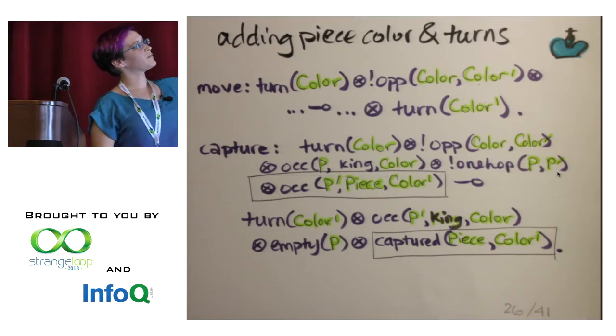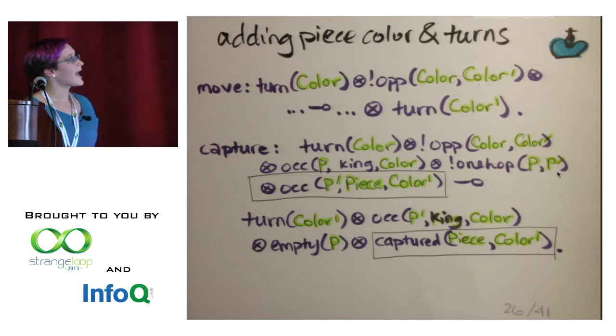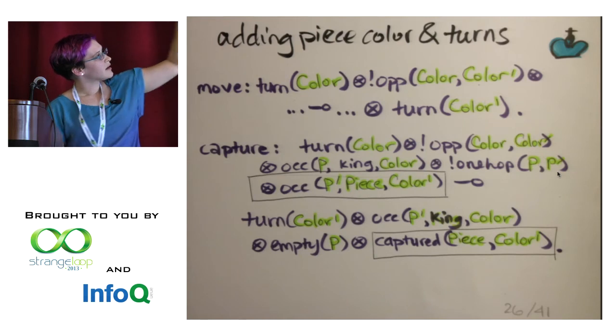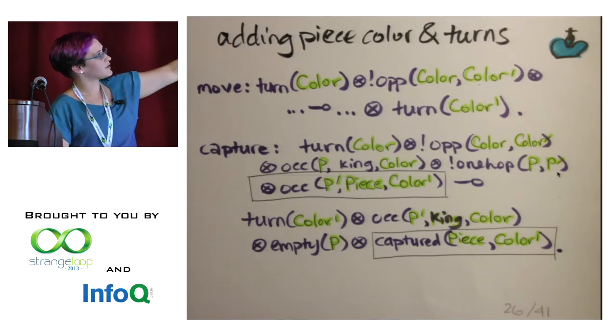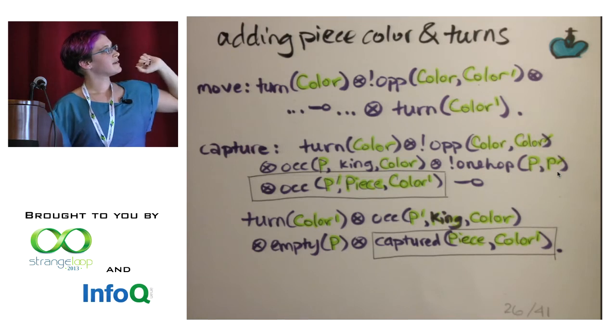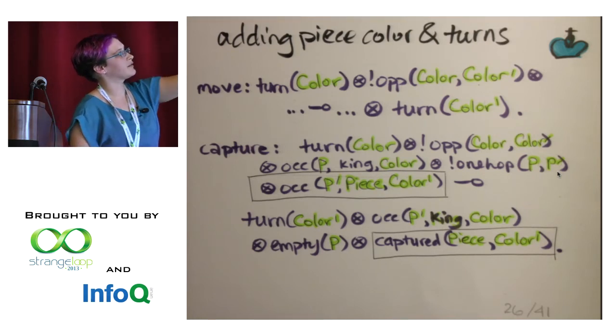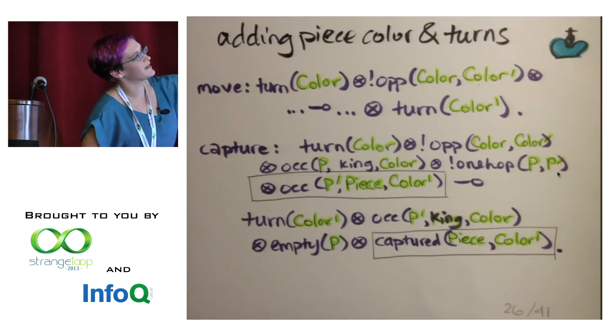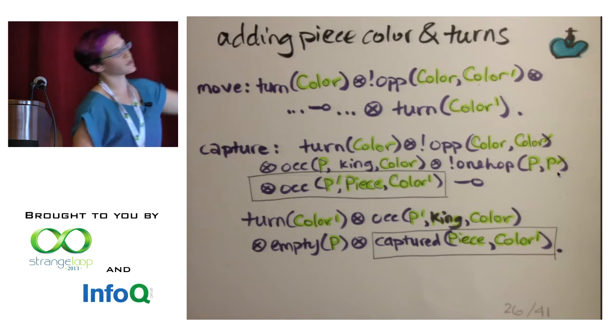So one hop away from P is P prime, and P prime is occupied by some piece of the opposing color. So then we transition to it being that color's turn, and now the king is occupying the new space P prime, and the old space P is now empty, and the piece of the new color is captured.